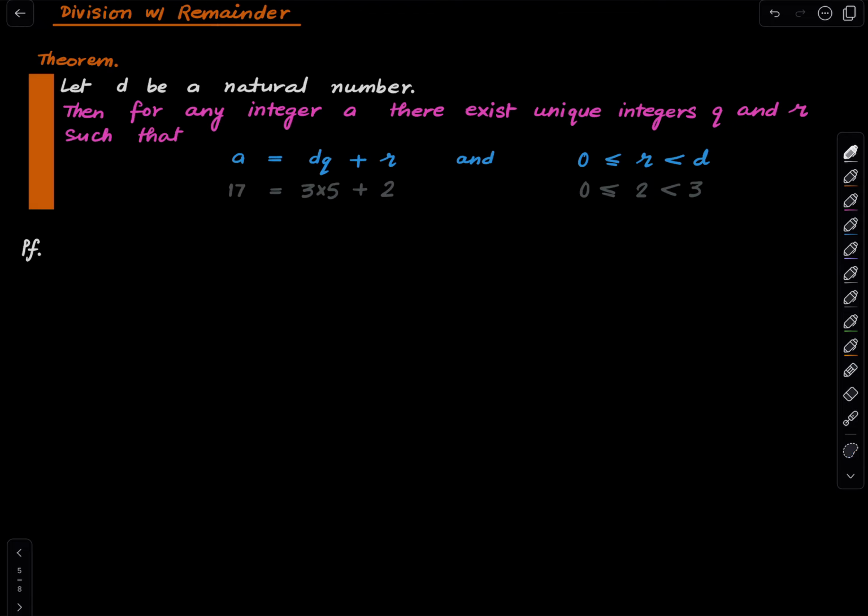The proof follows the idea that we saw in the concrete example. You extract from a as much as you can before you can't any longer. So define this set, but we do not want to consider negative numbers in this set.